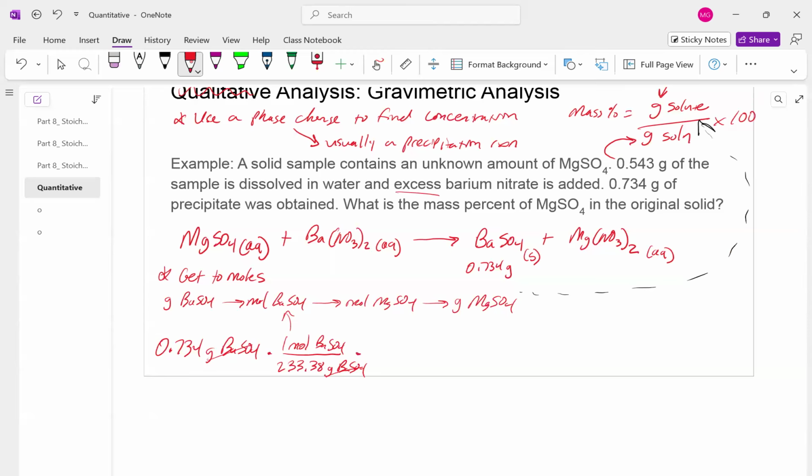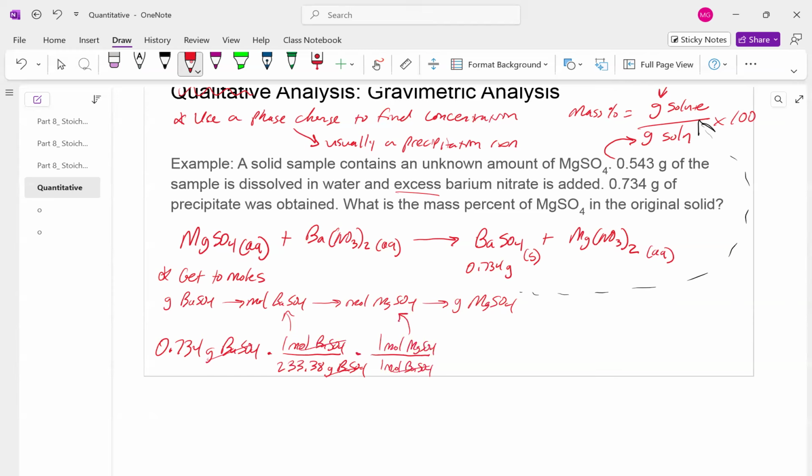Let's keep on going in our flow chart. How do I get to moles of magnesium sulfate? I'm going to use the coefficients from the balanced equation. That equation says 1 mole of barium sulfate is required to react with 1 mole of magnesium sulfate. So moles of barium sulfate cancel out. Notice I'm here now on my flow chart.